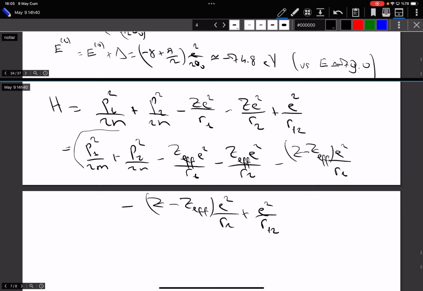Now these four terms, I already know how they act on my wave function. Let me call that H_0 effective.